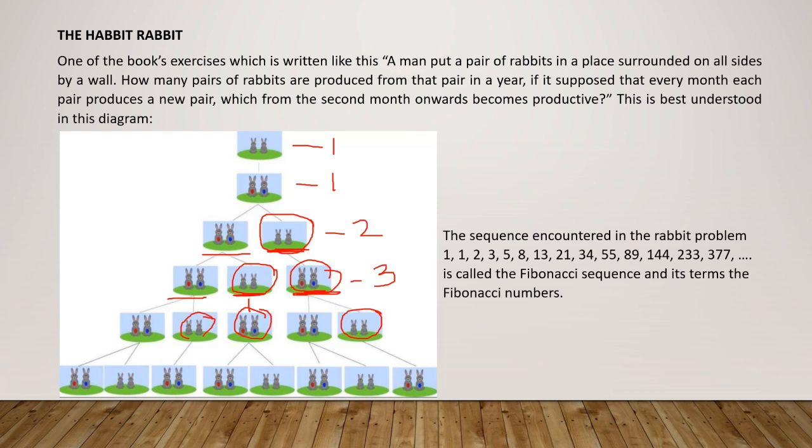And so for this particular month, we already have 5 pairs of rabbits. And for another month, we already have 8 pairs of rabbits. And that is how the Fibonacci sequence can be illustrated using rabbits.